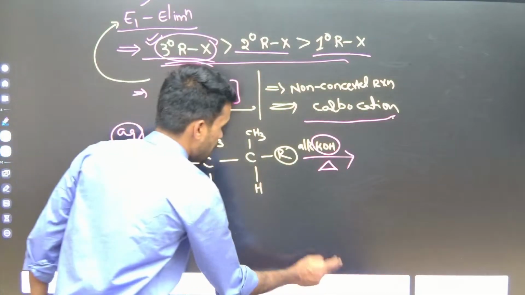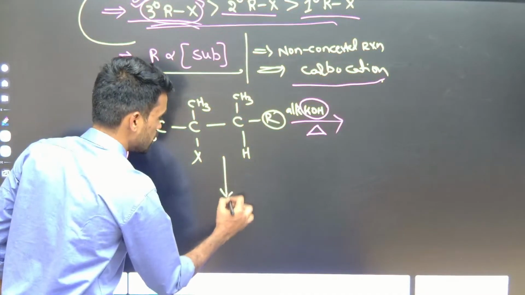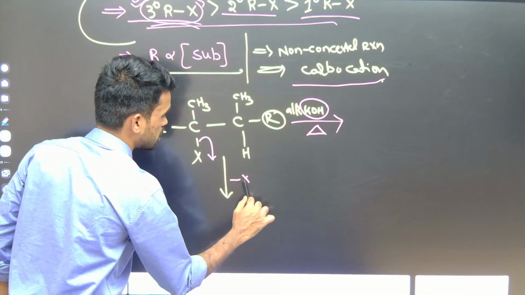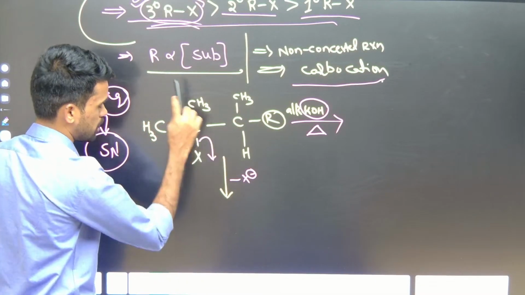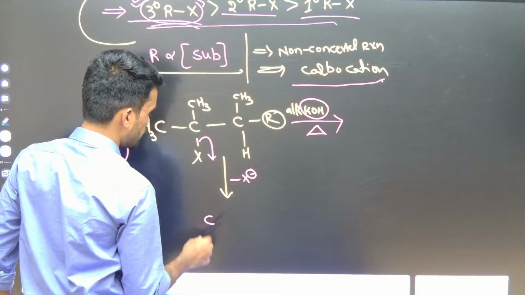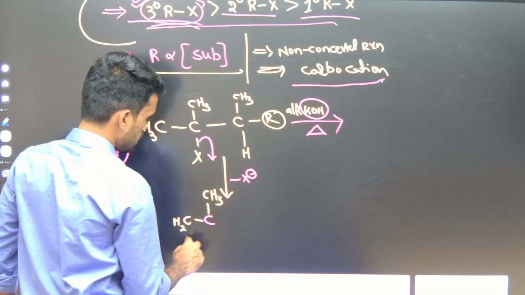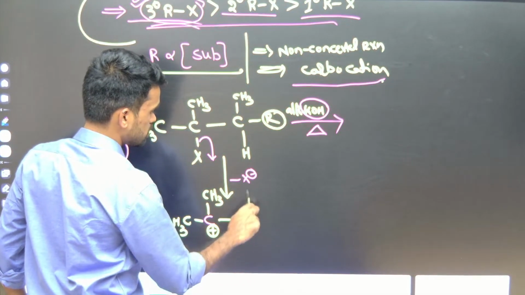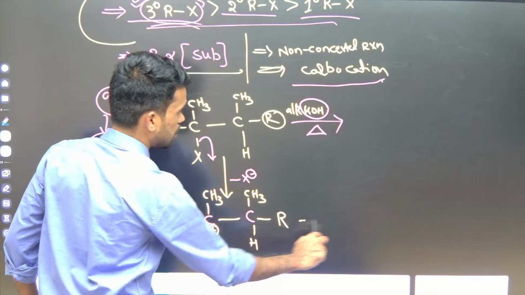Now in E1 elimination, similar to the SN1 reaction, first the halide ion goes out, whatever the leaving group is, that comes out first. When it comes out, it creates a positive charge on this carbon. So write the species formed here: CH3, a positive charge on the carbon, and here CH3, hydrogen over here, and our alkyl group over here.